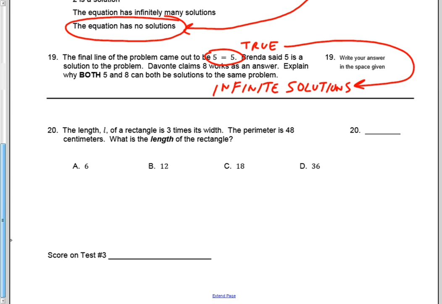You can't get 20 right unless you have a good drawing. Here's what we needed. What's a rectangle look like? 2 sides that are opposite. Is that a good rectangle? The length L of a rectangle is 3 times its width.